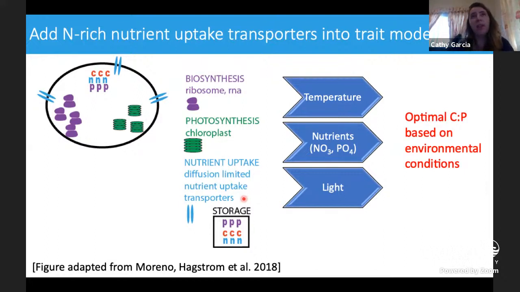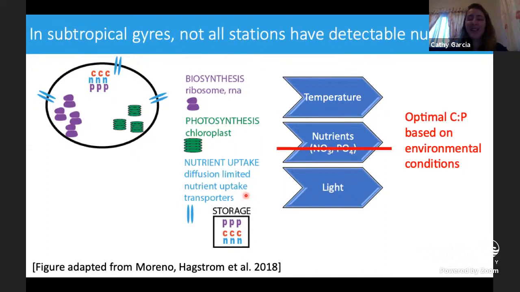Nutrient uptake transporters are an N-limited portion of the cell, so we wanted to incorporate this into the model, where the uptake of these nutrients is limited based on N availability. But there's a slight problem here. It turned out that nitrate was below detection for much of this transect. So we have this hypothesis, but we're not able to test it using the observations.